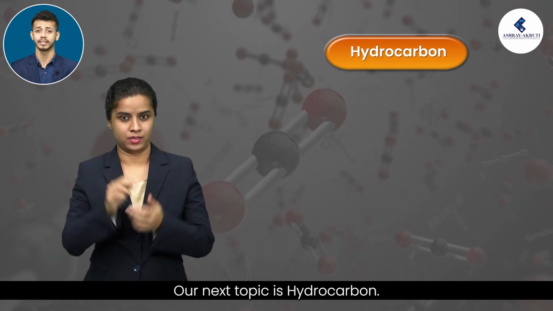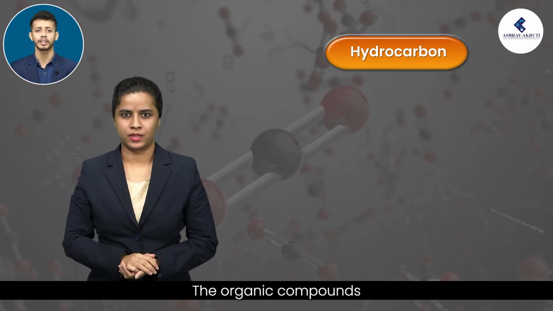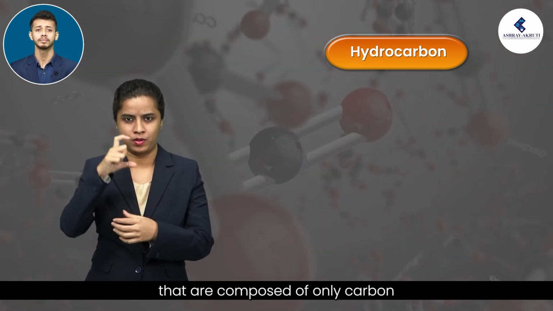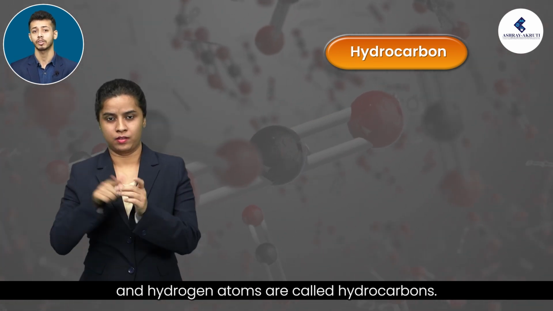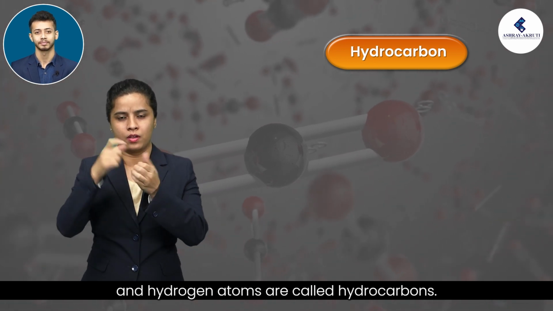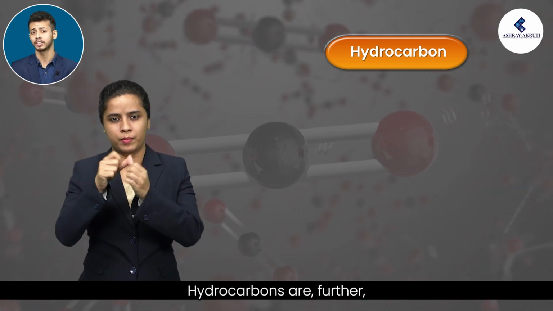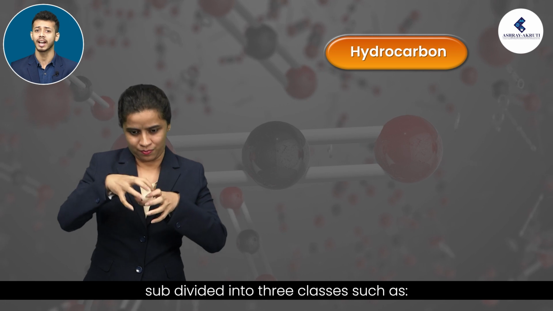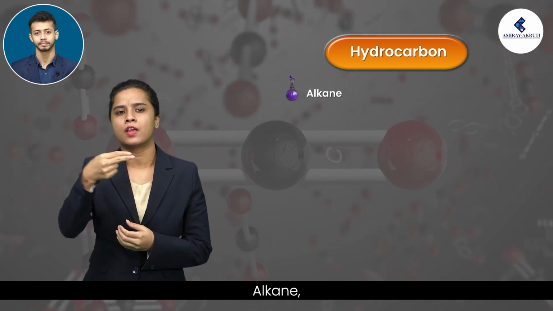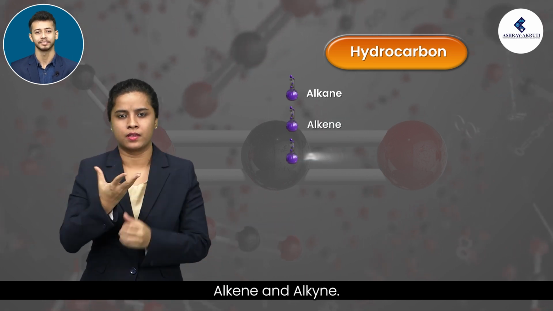Our next topic is hydrocarbon. The organic compounds that are composed of only carbon and hydrogen atoms are called hydrocarbons. Hydrocarbons are further subdivided into three classes such as alkane, alkene, and alkyne.